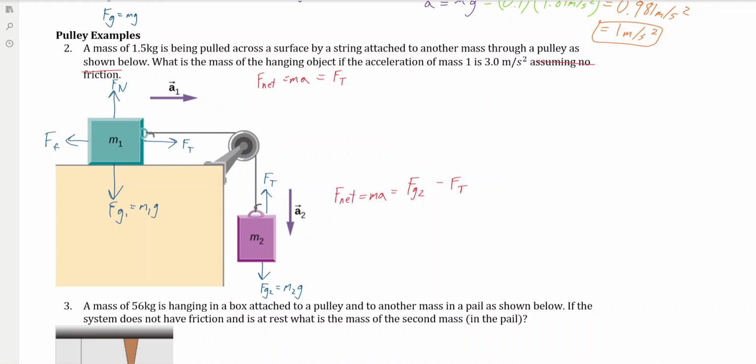Okay, assuming no friction, so Ft is ma. Okay, that's all right. So what we can do now is say, hey, well, Ft equals the ma from the Fnet.